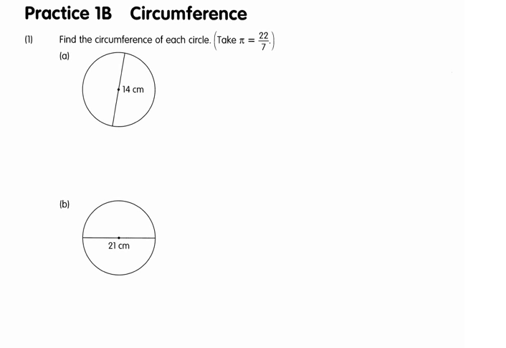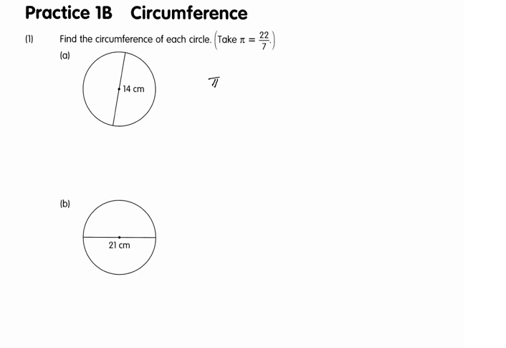Okay, so since this question they have stated we want to find the circumference, what is the formula for the circumference? Circumference equals pi times diameter. So all I need you to do is to write down pi. No need to write down now.